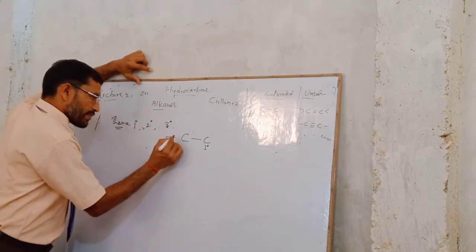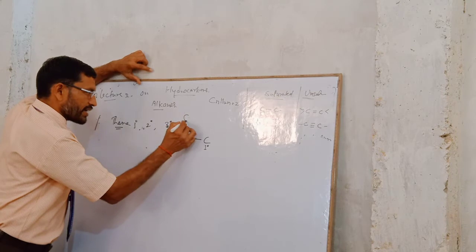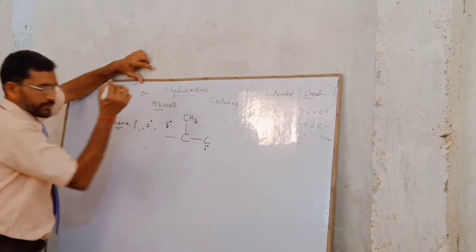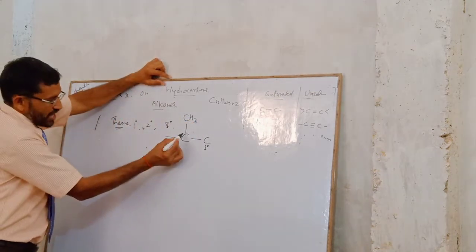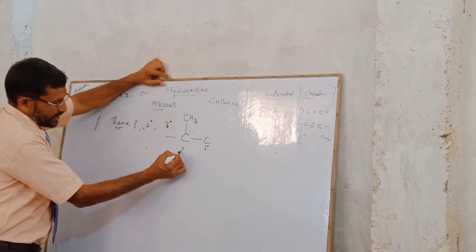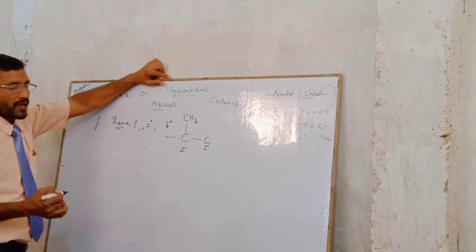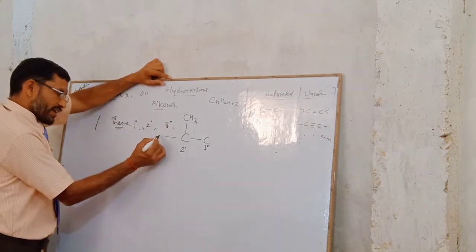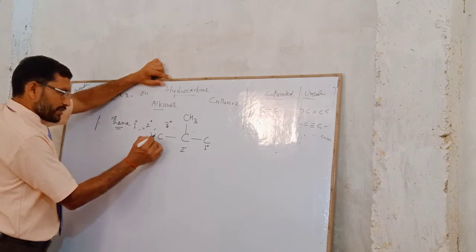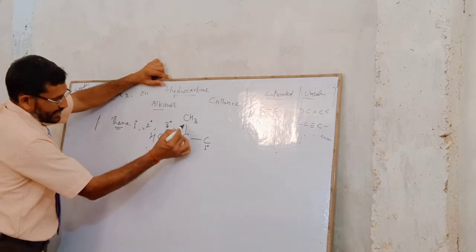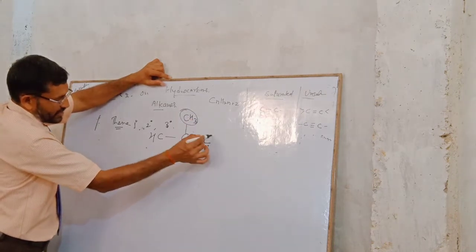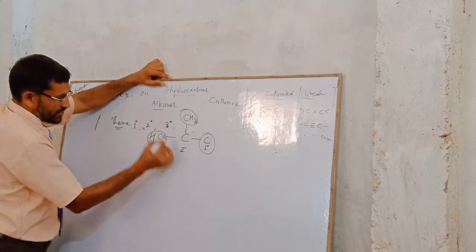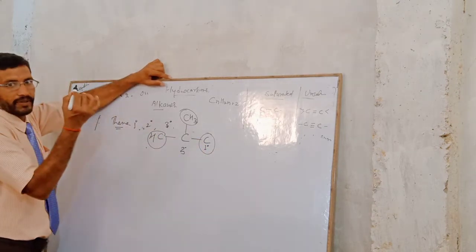See, if the carbon has some branch, where again a carbon atom is attached, then this carbon is a 2 degree carbon. If we take one more carbon, one carbon here, another here, another here, then it will be a 3 degree carbon.